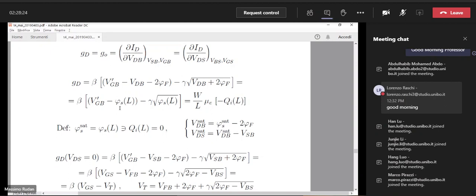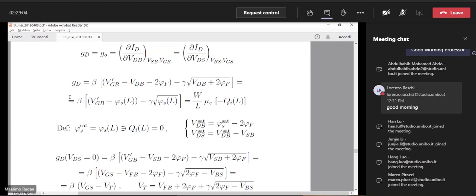But remember, inside beta, we have Cox. So if we take out Cox, we are left with W over L times the average mobility, and then we take out also a minus. So minus Cox times this parenthesis is nothing else than Qi at L, and then we have a minus because we need minus Cox to define the charge, okay?